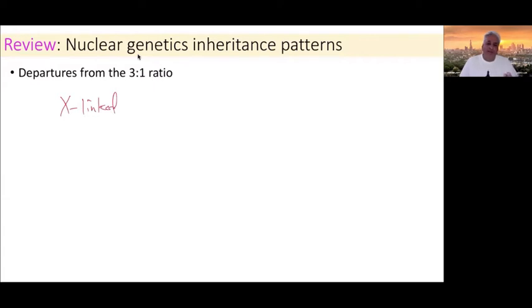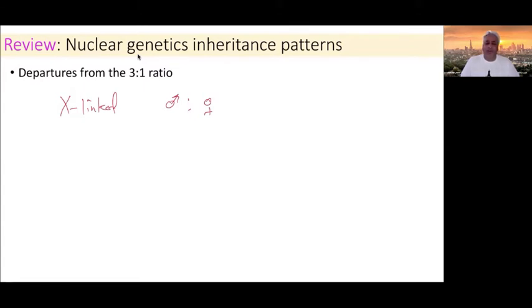If it's Y-linked, that could also be considered here. What you find in those cases is that you get a departure from the 3:1 ratio representing all offspring. And in this case, you get some kind of sex-related disparity. So there'd be more males with the condition than females. And you should be in a position to calculate that at this time.